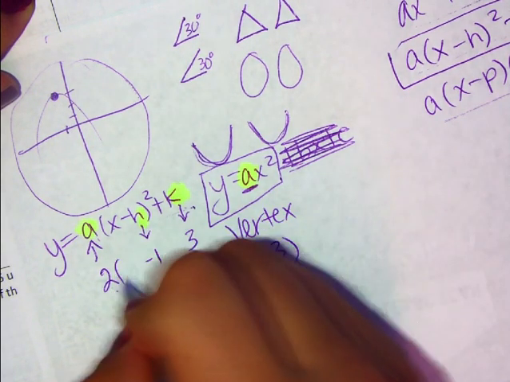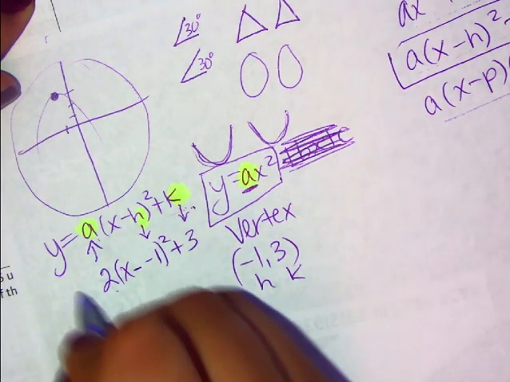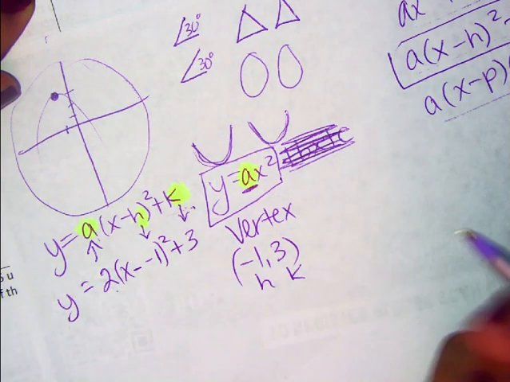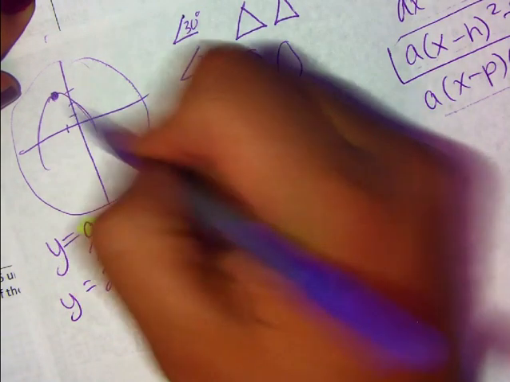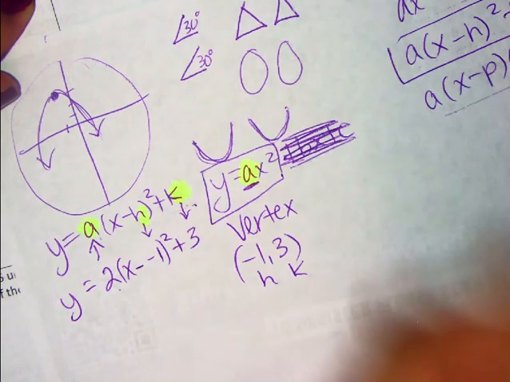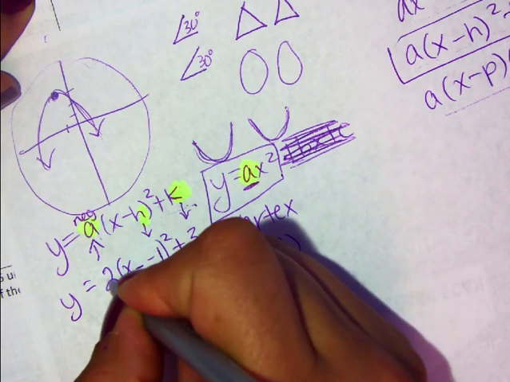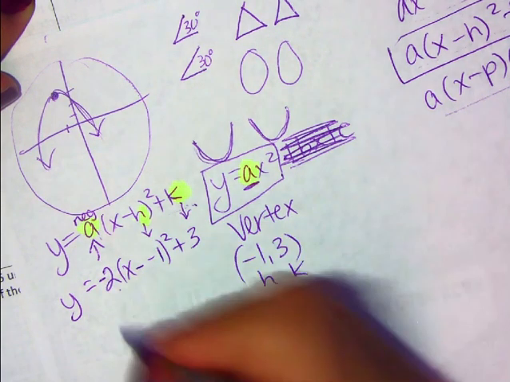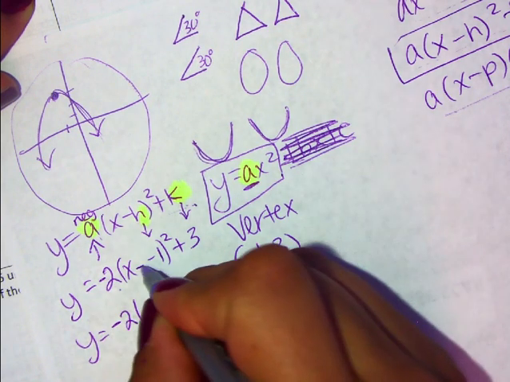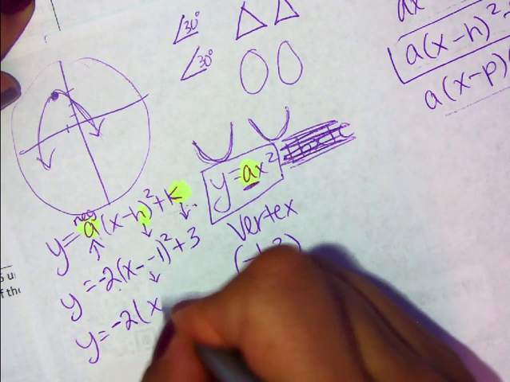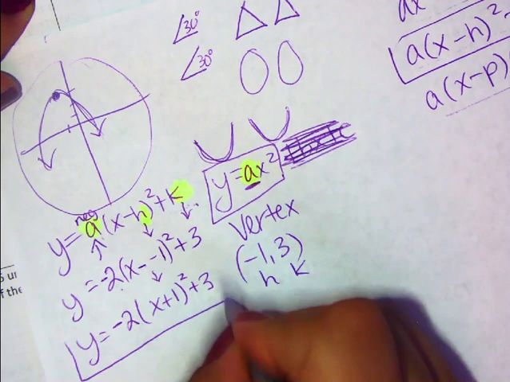So we're going to have (x minus -1) plus 3. And if we clean this up, we need to recall that it has to open down, which means that the a value has to be negative. So we're going to put a negative in there: -2. This double negative becomes +1. And then +3, and there's your answer.